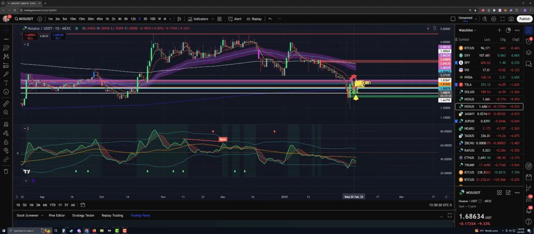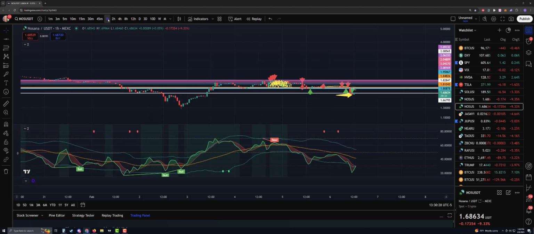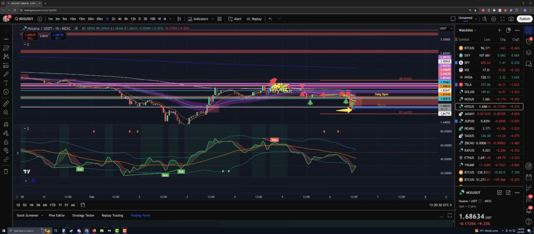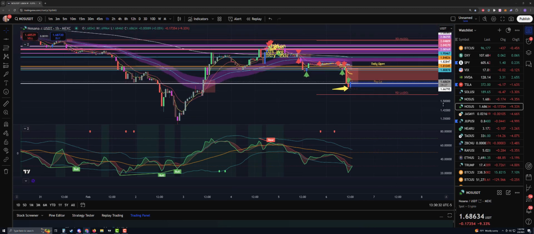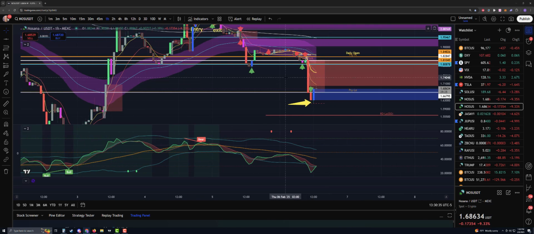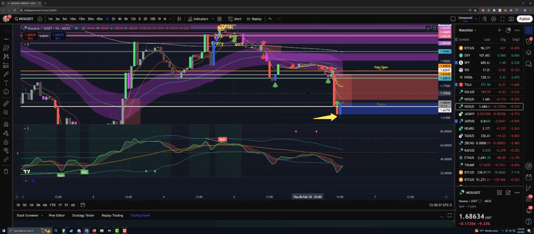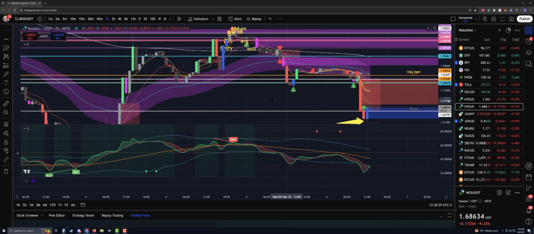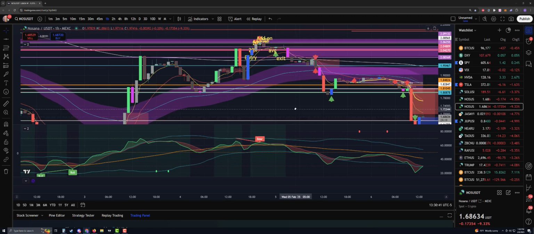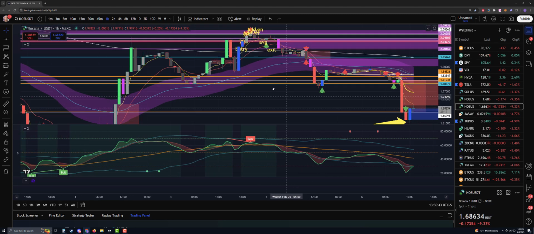So once you've identified your environment, now you can move your time frames down. What I like to do is look at something like the 1 hour. I'll check the 4 hour and the 1 hour, maybe the 15, 5 and 1 minute time frame.